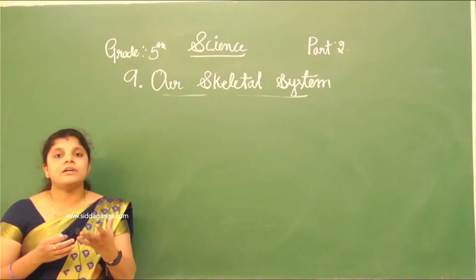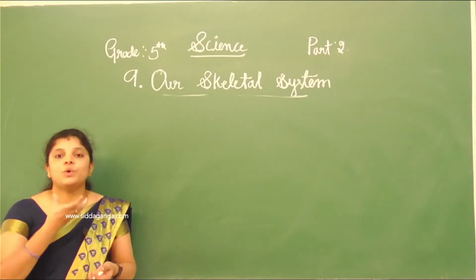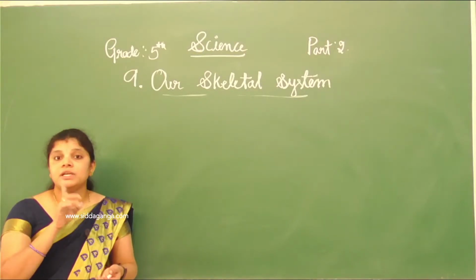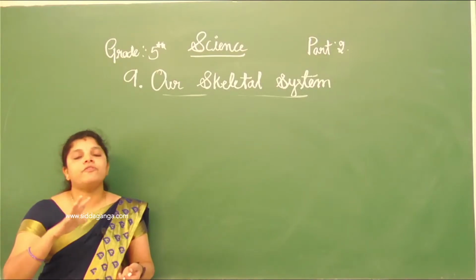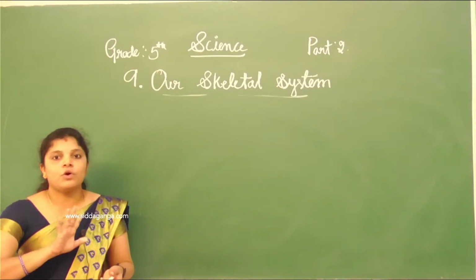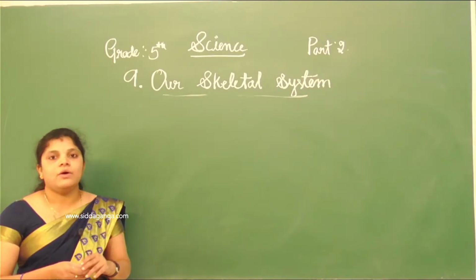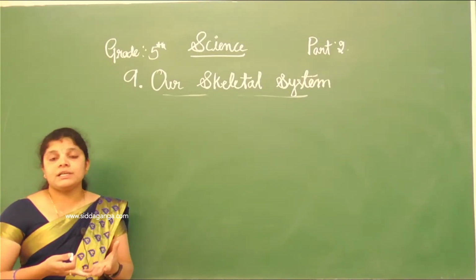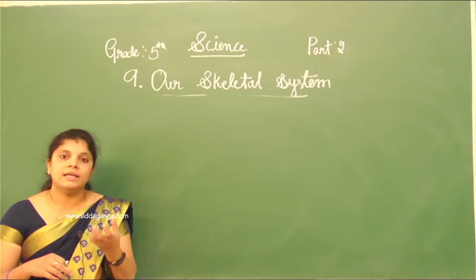The lower jaw moves, but the upper jaw does not. The 22 bones are fixed, attached, and not moving. That is all about the skull. Today we are going to discuss the backbone, rib cage and limbs.